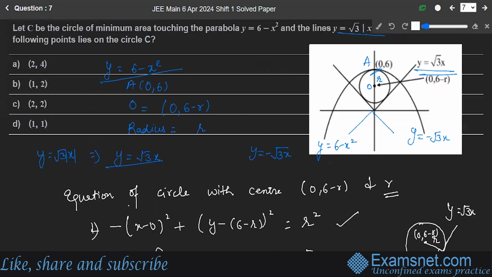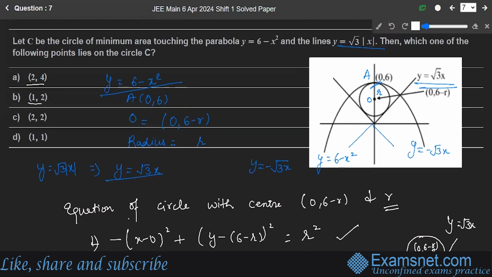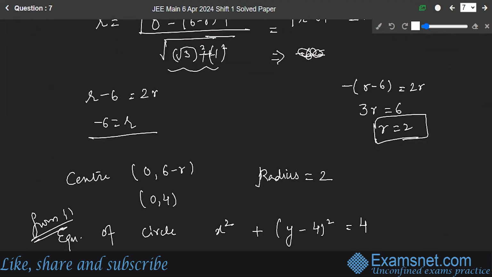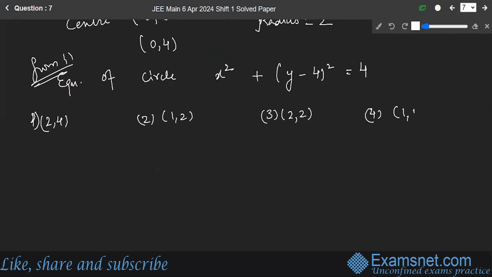Now let's check with all the points. The first one is 2, comma 4, then 1, comma 2, 2, comma 2, and 1, comma 1. Let's check which is satisfying. So this will give me 4 plus 0 is equal to 4. So this is right. And let's check over here.